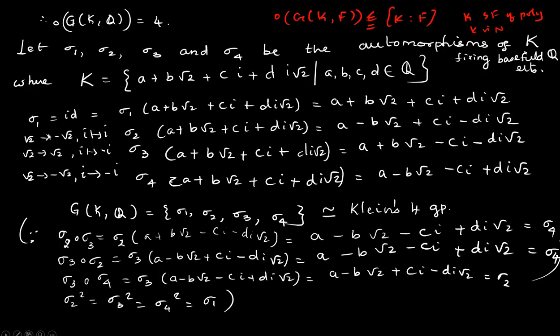And what are the possibilities? Root 2 taken to minus root 2, i remains as such. Root 2 taken to root 2, i taken to minus i. Root 2 taken to minus root 2, i taken to minus i. And the other one, identity: root 2 to root 2, i to i. So these are the possibilities, and because we have 4 possibilities, the order is 4, and we take the automorphisms as sigma 1 to sigma 4.